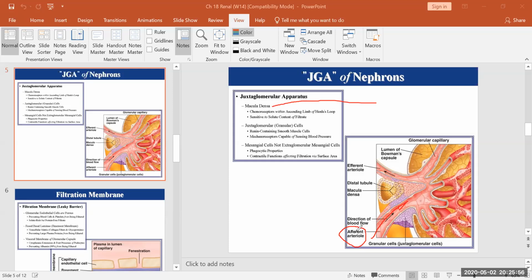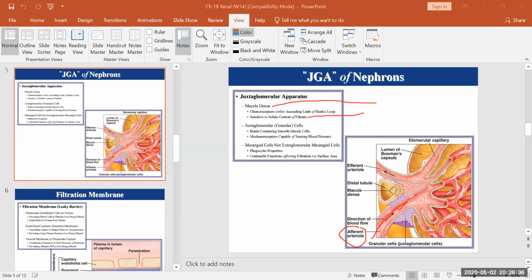And here's why. If the sodium concentration in the renal filtrate is high, it means one thing: blood perfusion in the glomerulus was too high. So it's a negative feedback mechanism. As far as the nephron is concerned, a high concentration of sodium in the renal filtrate equates to high blood perfusion in the glomerulus, and it will respond by decreasing it.